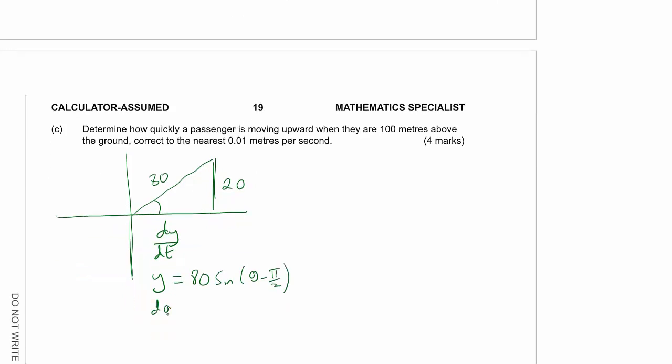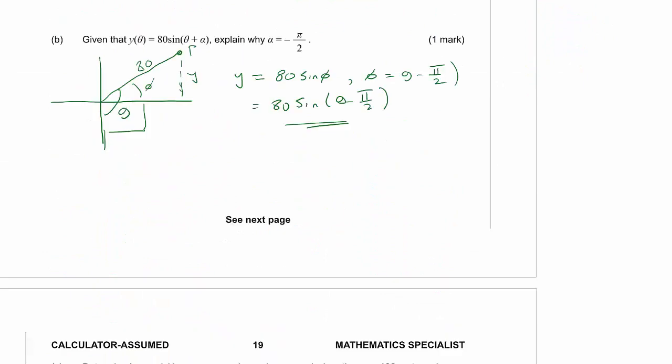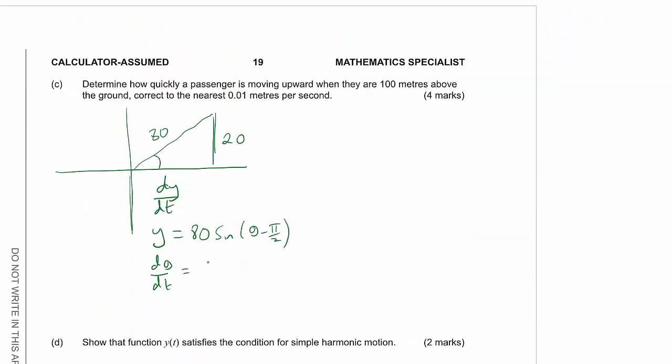And we know that d theta dt is pi by 36. So using the chain rule, we can see that dy dt is going to be dy d theta times d theta dt.